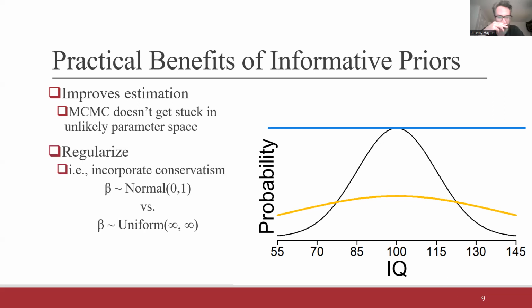And then we can also actually incorporate some conservatism in our analyses using priors. So for example, let's consider a beta coefficient for a regression model.